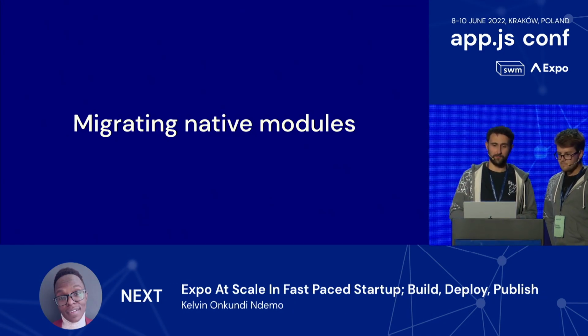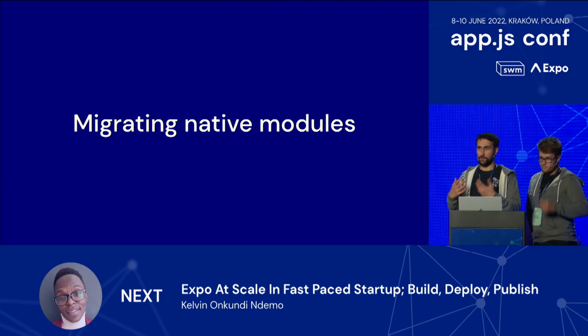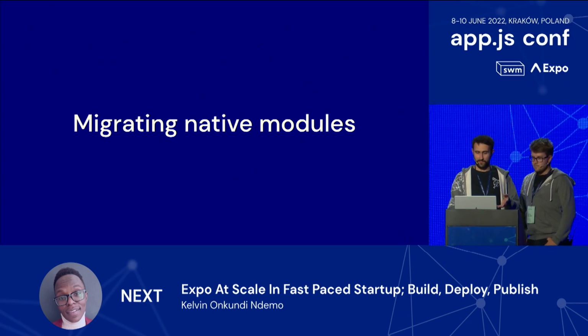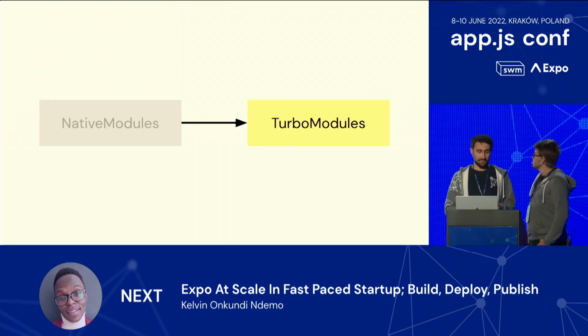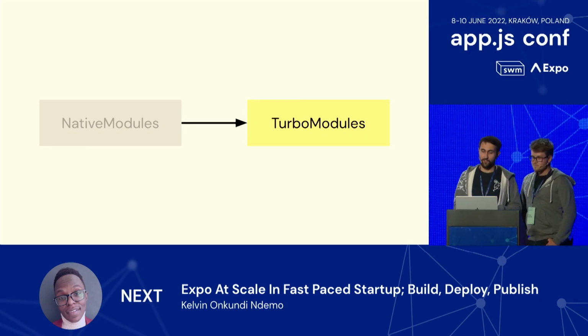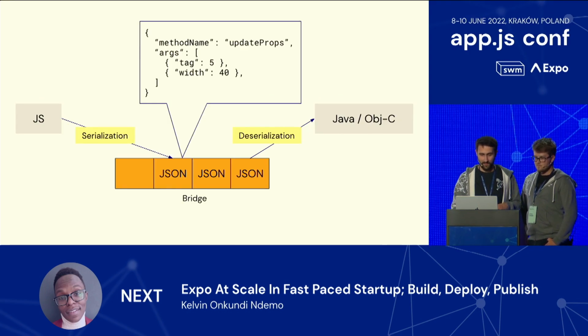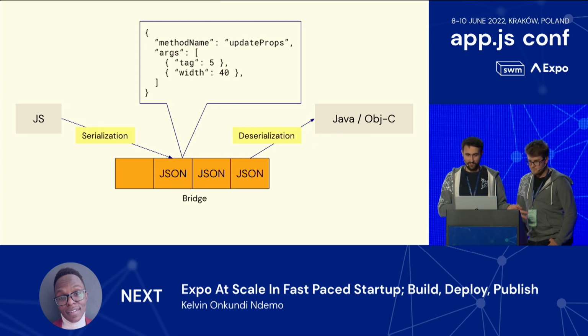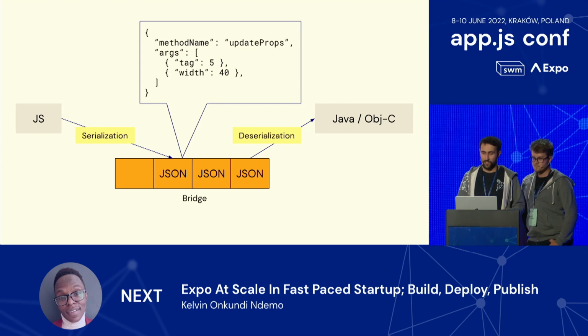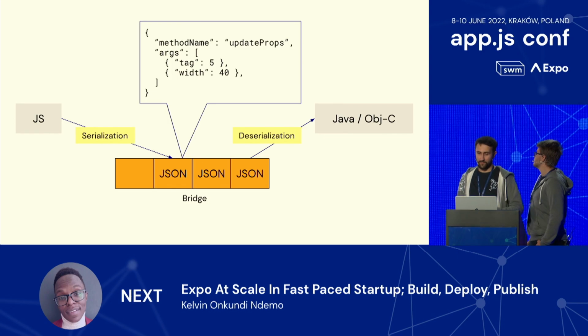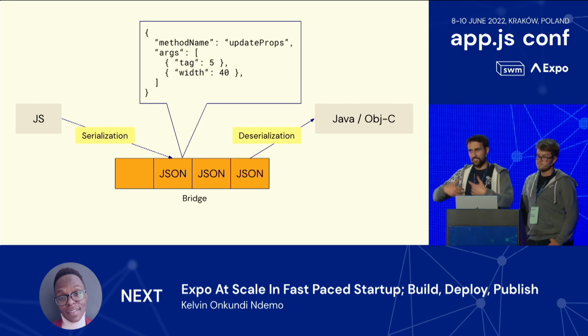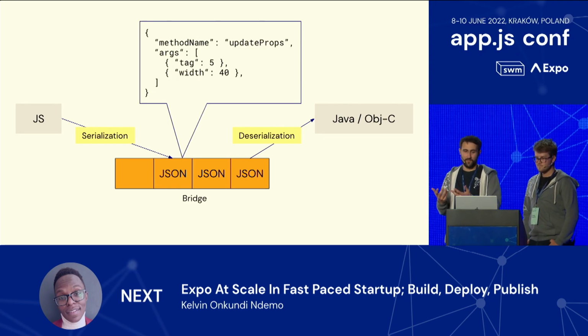And what about the migration of native modules for Fabric? As Tomek mentioned before, turbo modules are successors of native modules. But what is the difference between them? In the old architecture, every time you called a native method, the invocation was serialized to JSON.